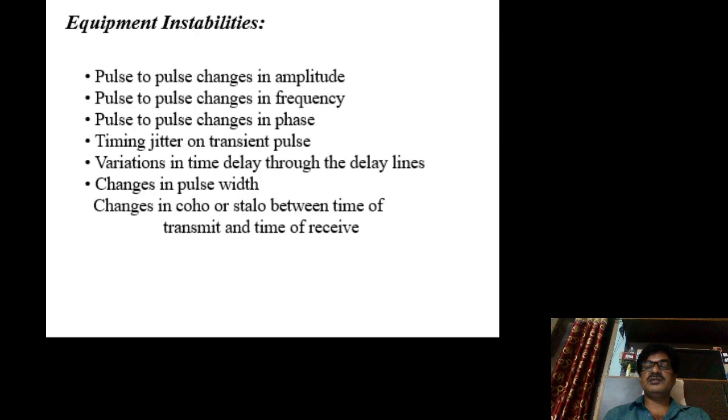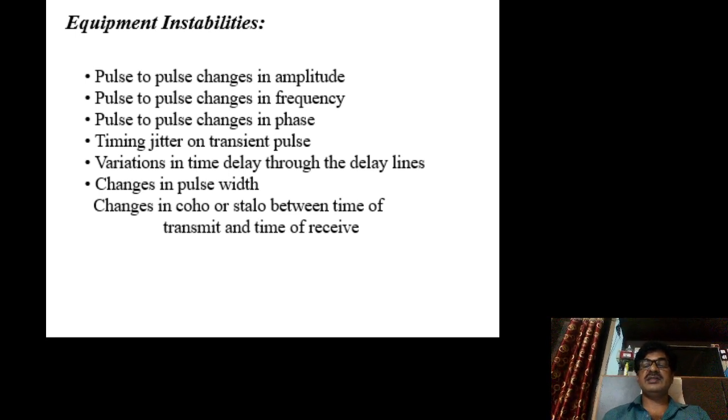With reference to equipment instabilities, the results may be that pulse to pulse amplitude will change, pulse to pulse frequency will change, pulse to pulse phase will change, and pulse width will change.